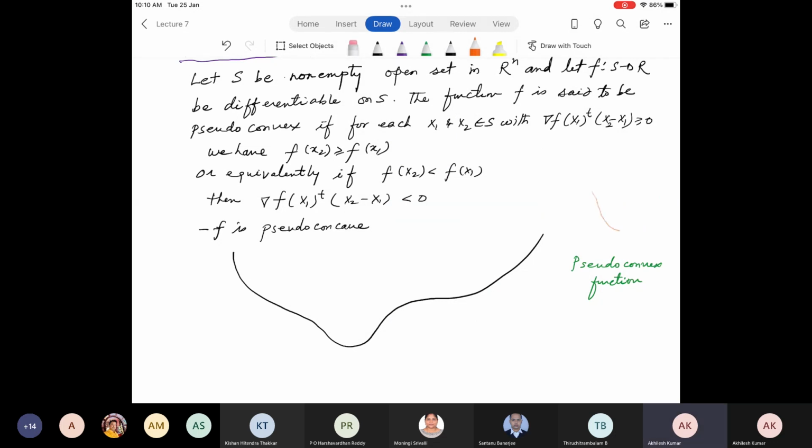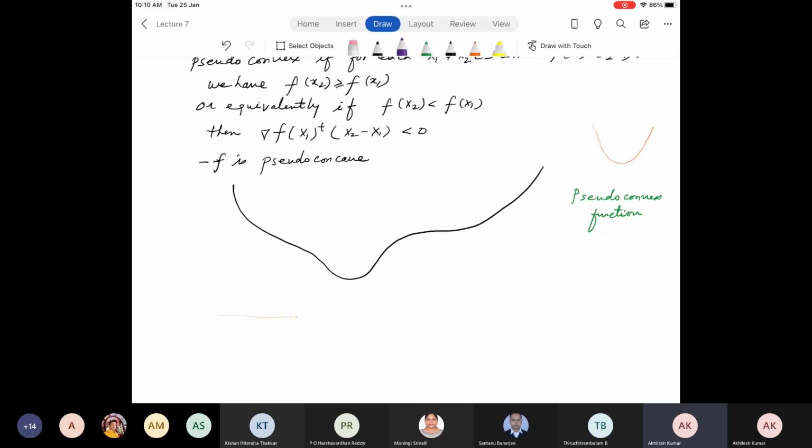So pseudo-convex, they look very close to convex. That's why you can say they are close to convex, so we assume that they almost follow most of the properties of convexity.